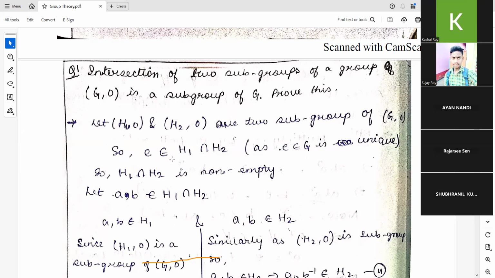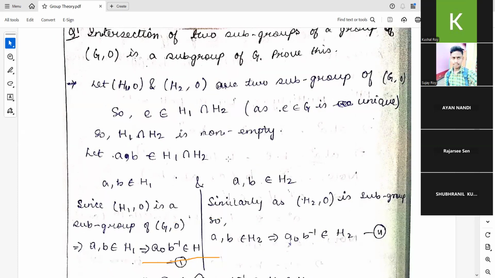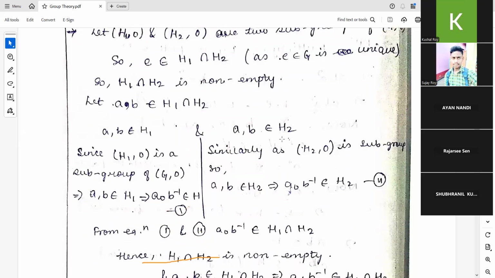Therefore, E belongs to H1 intersection H2. Since the intersection contains at least one element, the identity, it is non-empty.